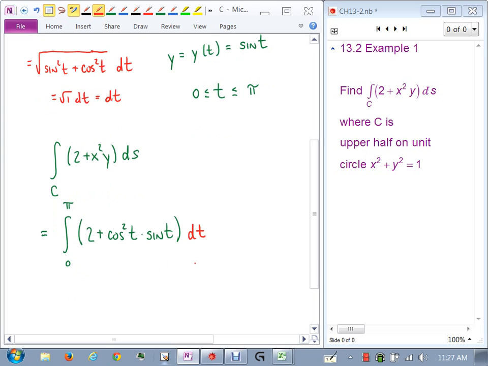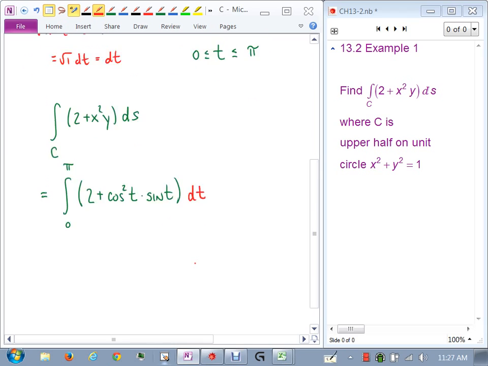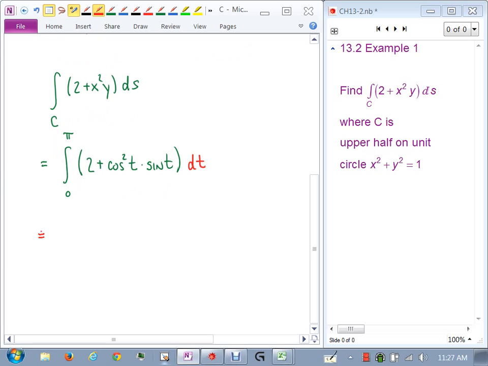And this is just a calculus 2 pretty basic integral, right? You have to integrate with respect to t on this. So what is the antiderivative of 2 with respect to t? 2t. The antiderivative of cosine squared t sine t: negative 1/3 cosine cubed t?